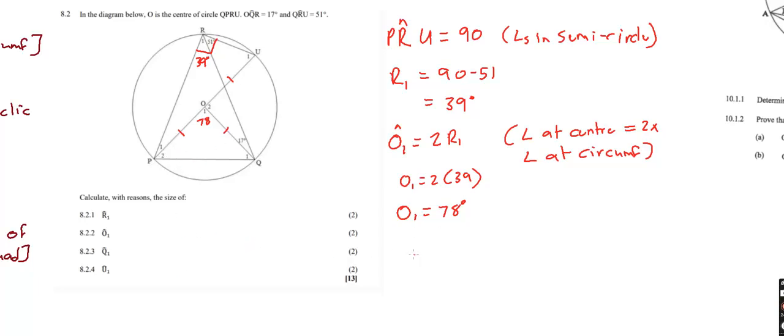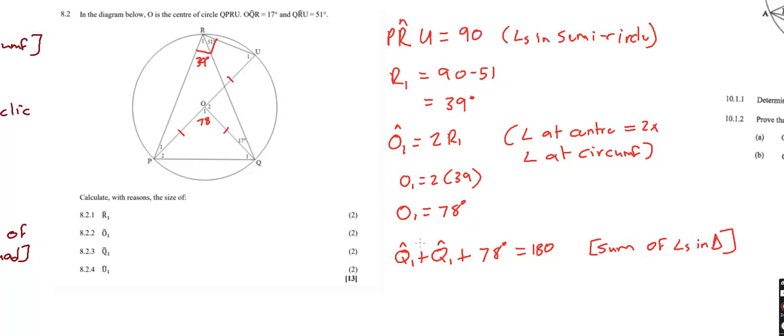So this means that Q1 plus Q1, in other words, Q1 plus P2, plus O1, which is 78, should be equal to 180 degrees because this is the sum of angles in a triangle, right?